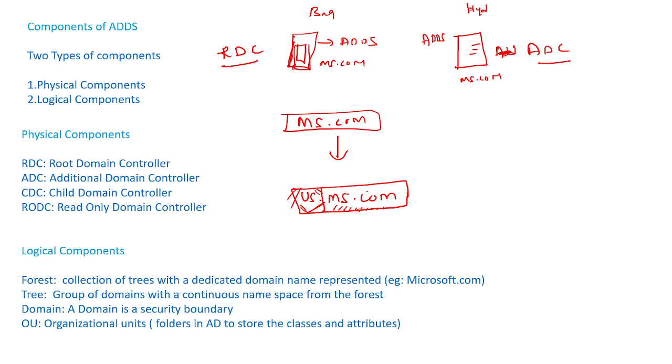That is the reason they will keep the same domain as the parent, but under that they will create a small company in the US with the name us.microsoft.com, and that domain controller we call a child domain controller. CDC means child domain controller, and this is the child domain.